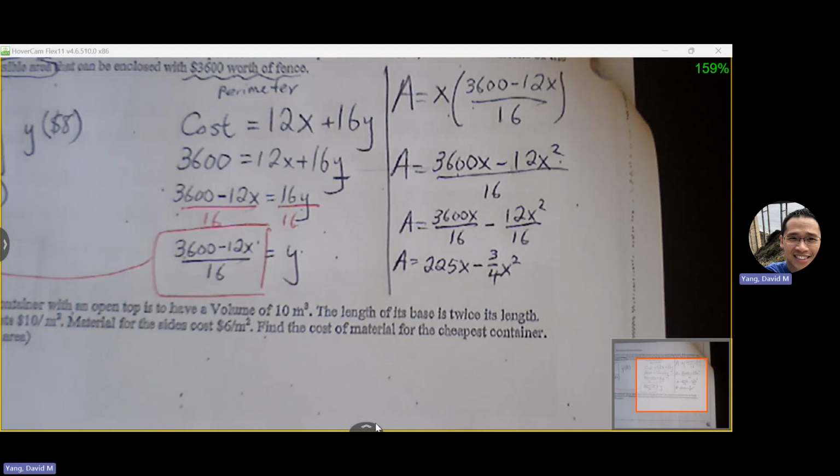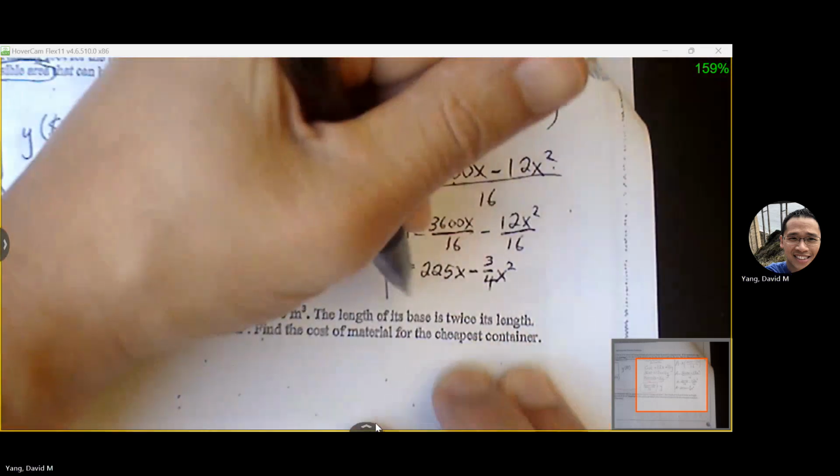Once I have my area equation all nicely cleaned up and set up for power rule, I can set my derivative equal to 0.